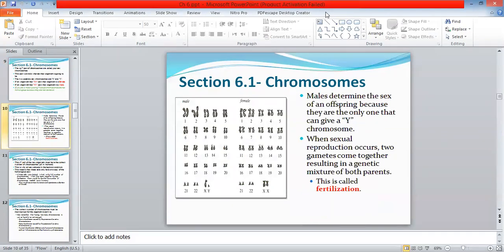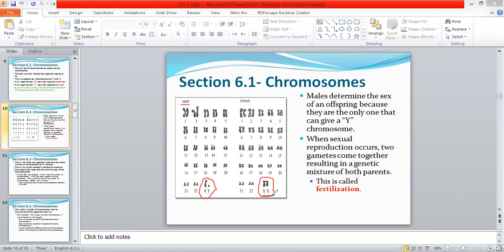These figures of karyotype show the two kinds of person. As you can see at the end of the karyotype, chromosome number 23. On the left side, XY, so it will be male. On the right side, XX, so it will be female.